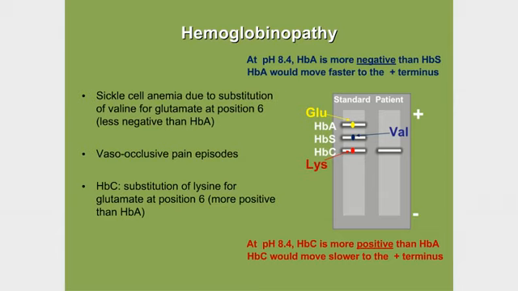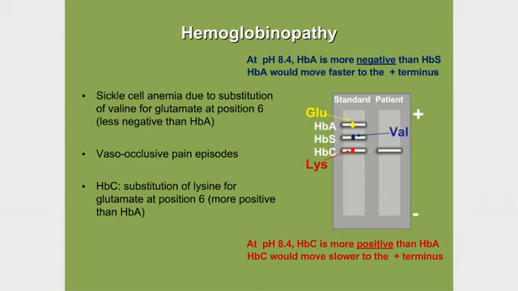Lysine's positively charged, glutamate is negatively charged. So if you were to compare in electrophoresis, hemoglobin C would migrate slower toward the positive terminus compared to hemoglobin A, which has that negative charge, attracted to the positive terminus. Therefore, hemoglobin A migrates slightly faster than hemoglobin C.